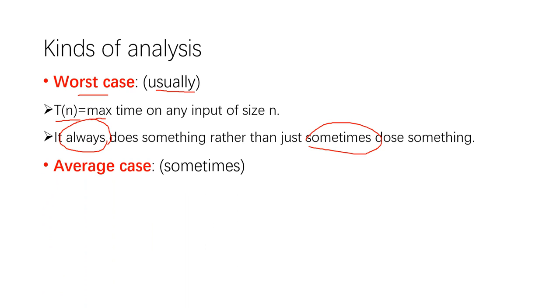If it just happens sometimes, that won't be a guarantee. For example, a salesperson trying to sell you a car actually always uses the best case, not the worst case.